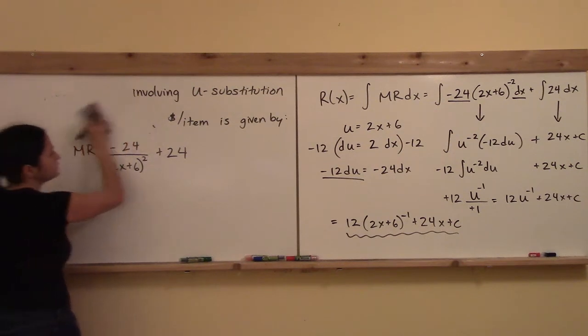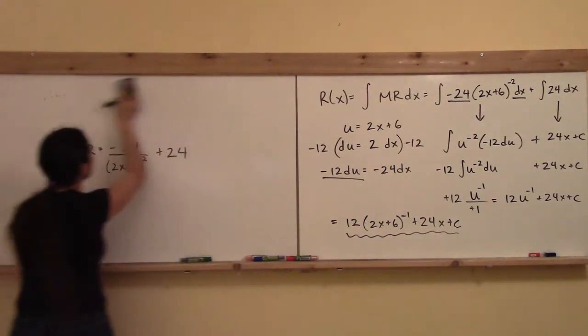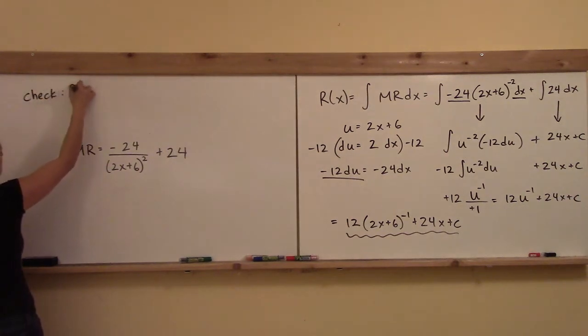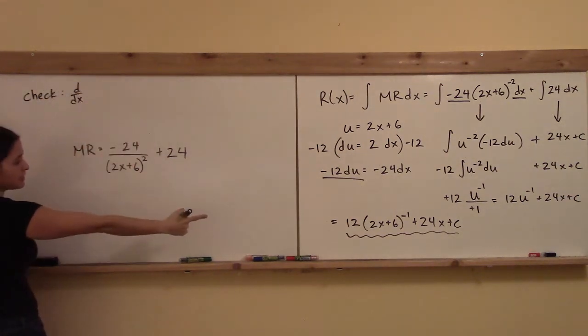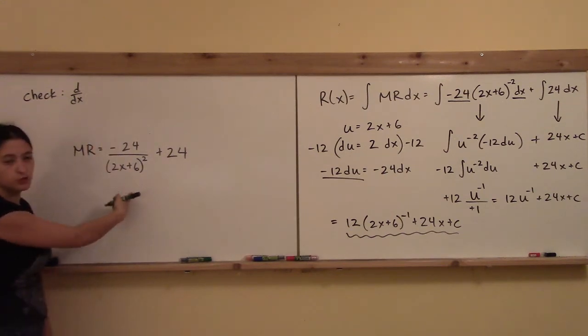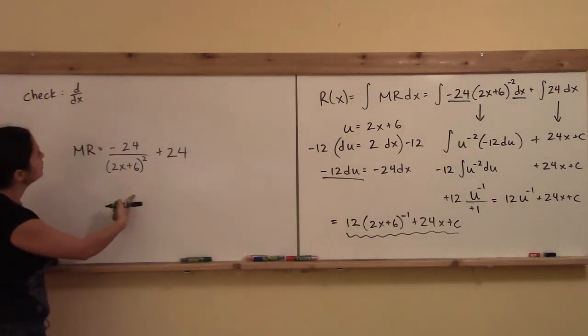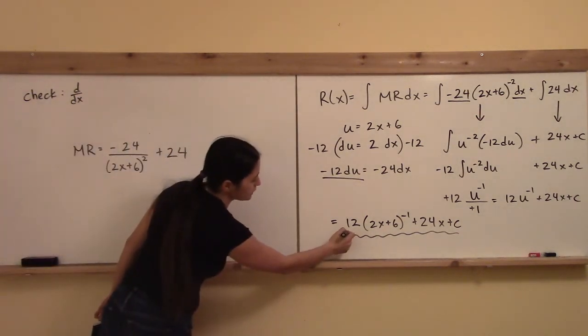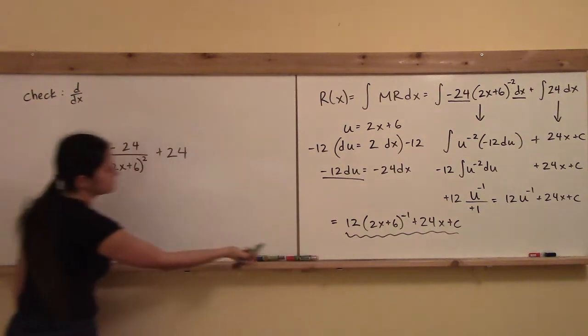So here we have the statement that the marginal revenue is this function. So let's just check. Let's just take the derivative of that stuff over there and make sure that it matches this marginal revenue function right here, okay? So up here, I'm going to check and make sure that this is the integral by taking the derivative of it.